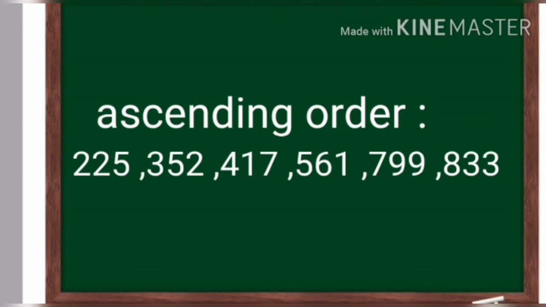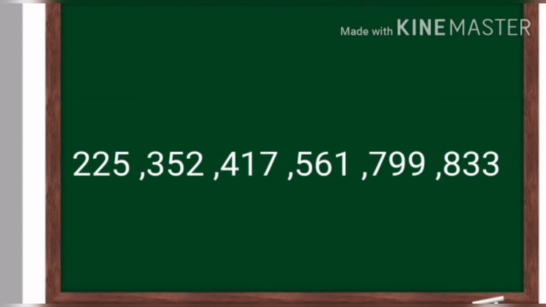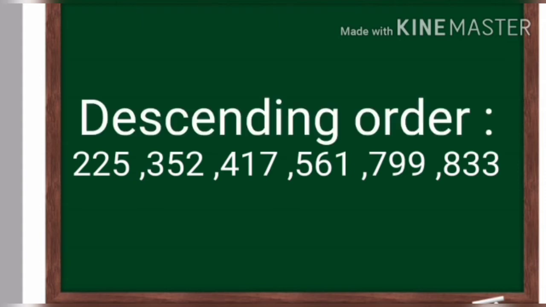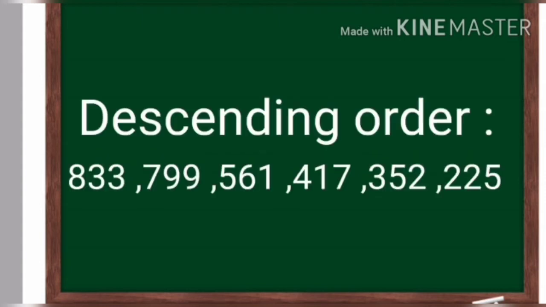The ascending order: 225, 352, 417, 561, 799, 833. When the given numbers are to be written in the ascending order, start from the smaller number to the greater number. Write the same numbers in the descending order.